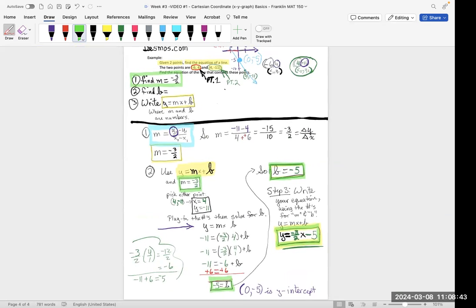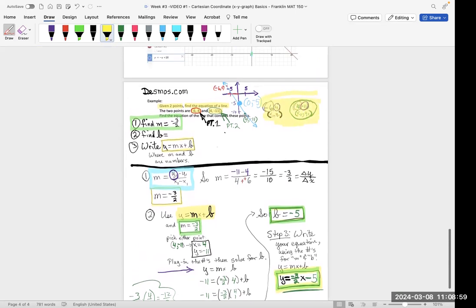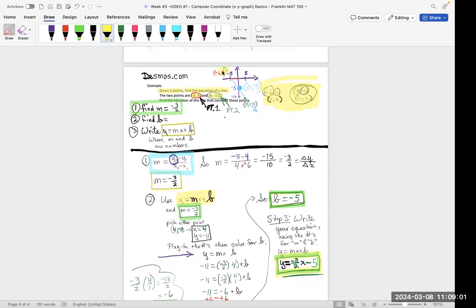Given the points, again, to summarize, this does get a lot easier once you already know the process. We were given these points here, -6, 4, and 4, -11. We plotted those points and found they were up here and down here. We then drew the blue line to show the approximation of where all of the points on our line will be.